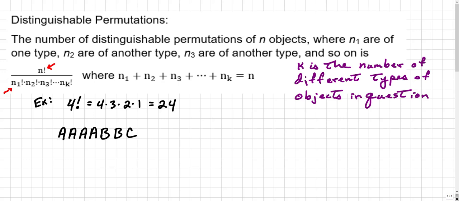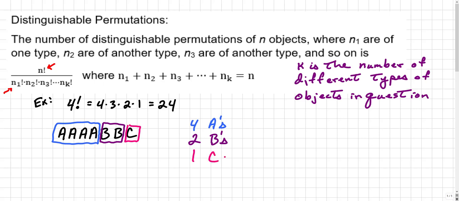So first, let's understand that we have 3 different groups of letters here. And that we have 4 A's, 2 B's, and then a single C. So that means we have a total of 7 letters.